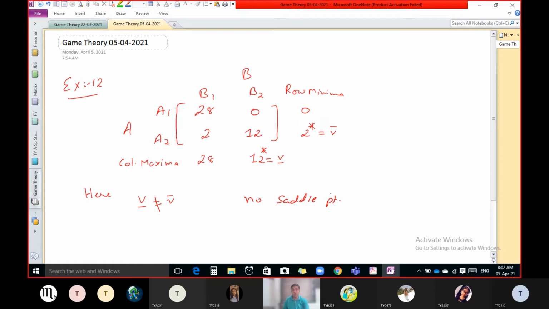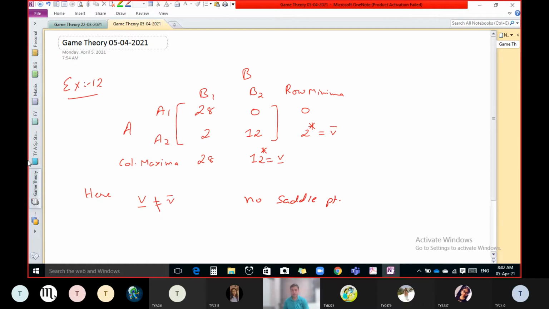Mixed strategy means we are not able to decide which one is the best strategy for player A with 100% surety. That means now we have to find out the chances, meaning the probability, for A1 as well as A2 for player A. We have to find out what is the probability that A will take A1 or A2.